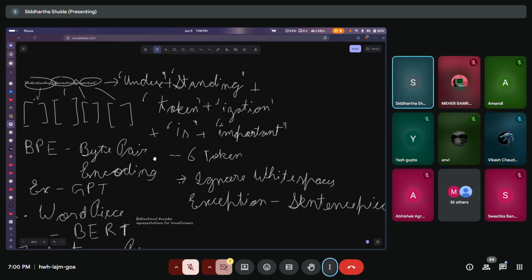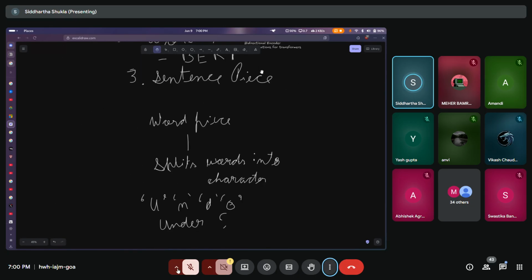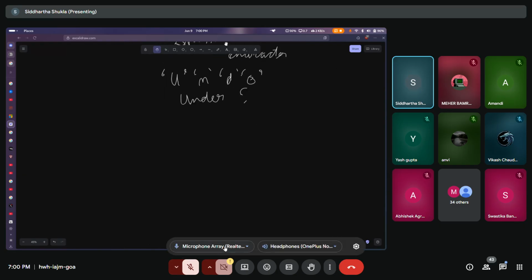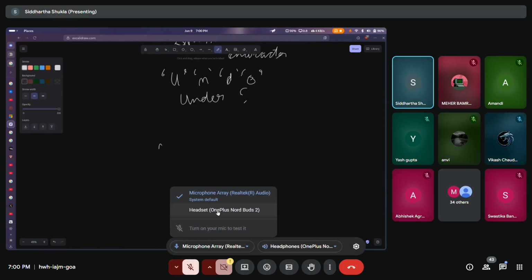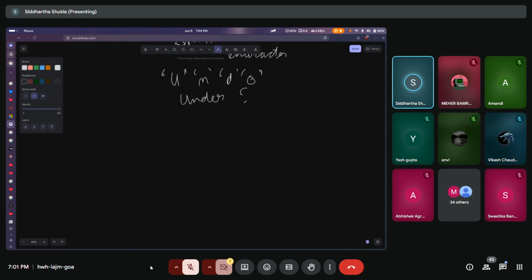And then finally, we have SentencePiece. SentencePiece is really effective when your scope goes beyond a single language. It's very suitable when you're dealing with multilingual applications.